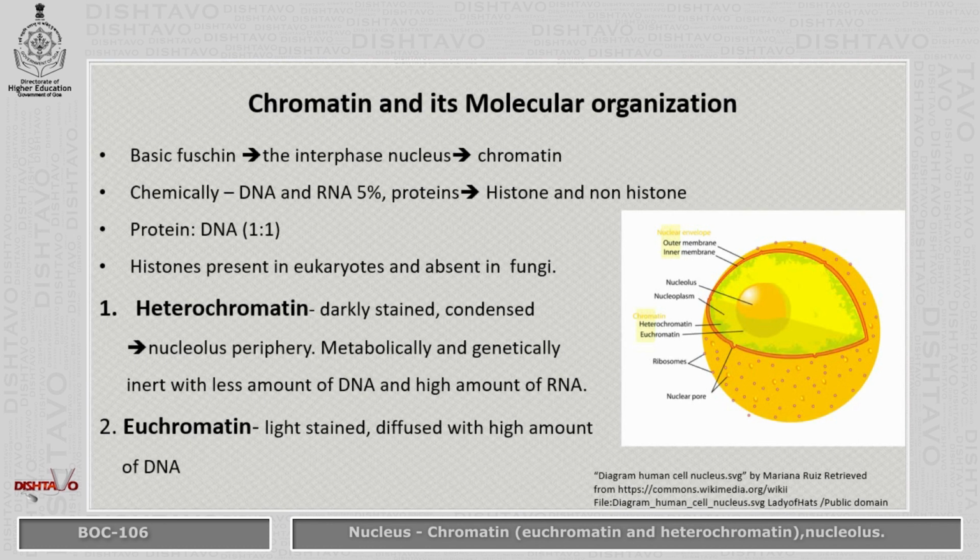It is metabolically and genetically inert, with less amount of DNA and high amount of RNA. Euchromatin is stained very lightly. It is in a diffused form with a high amount of DNA. That itself tells that euchromatin is nothing but the true chromatin.